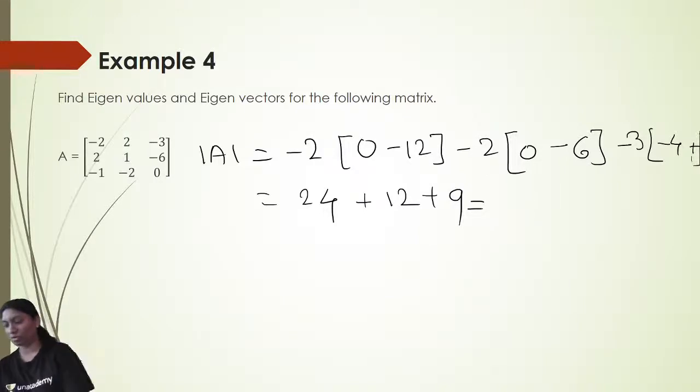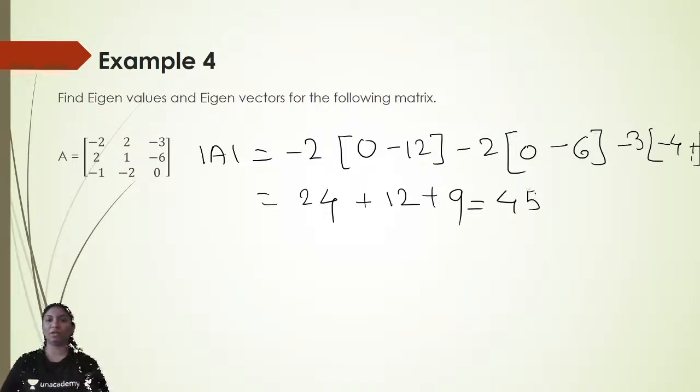Somewhere is wrong. So you will get determinant is minus 24, 2 into minus 6, so here is plus 12, minus 3 into minus 3, so plus 9. So you will get 45. Determinant is 45. Okay. So determinant of A is equal to 45.